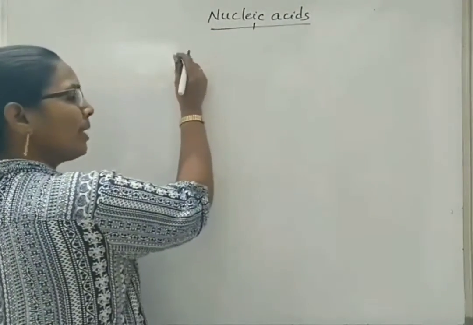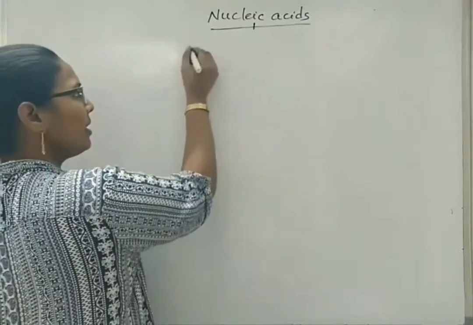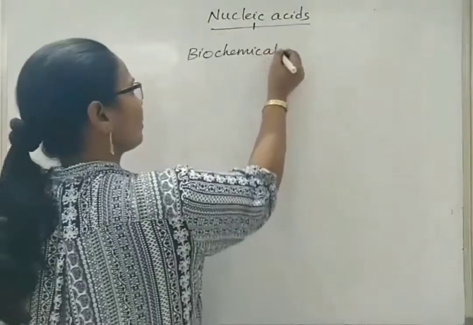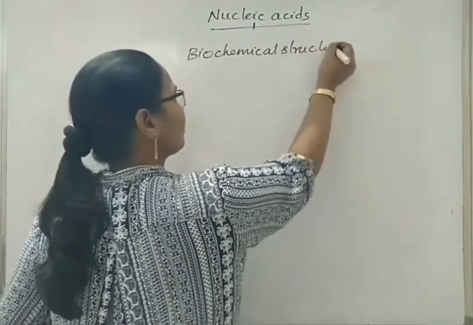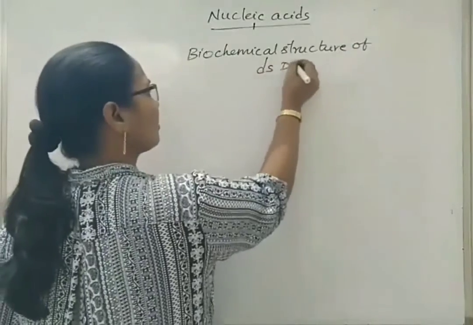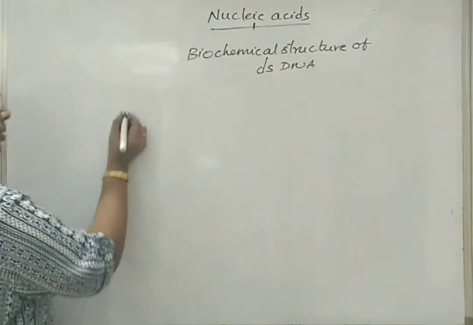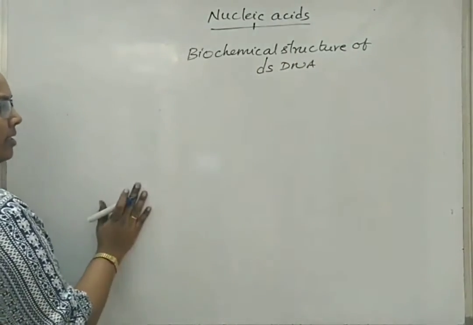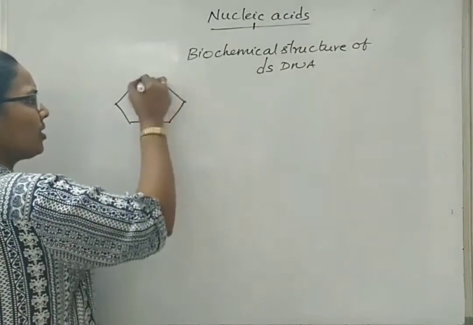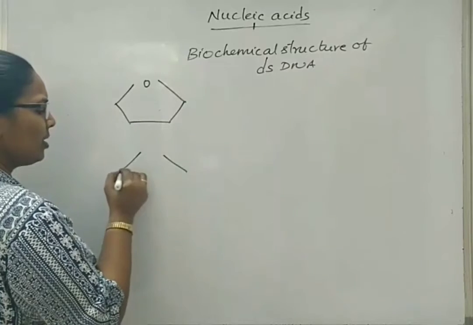Now we will see the biochemical structure of double-stranded DNA. As I said, these are antiparallel running strands. So we will write one strand moving in the upward direction with pentose sugars.